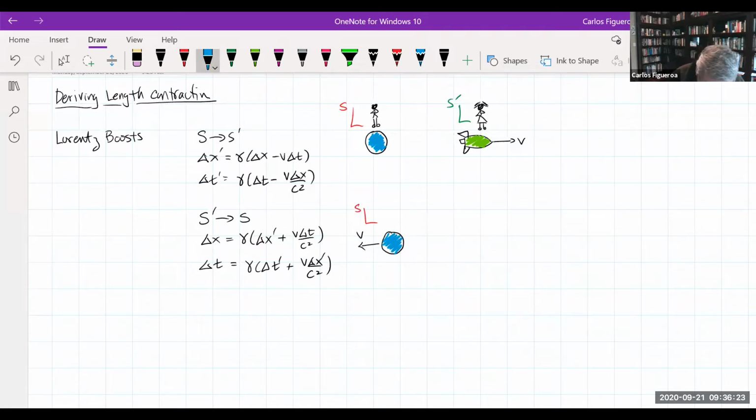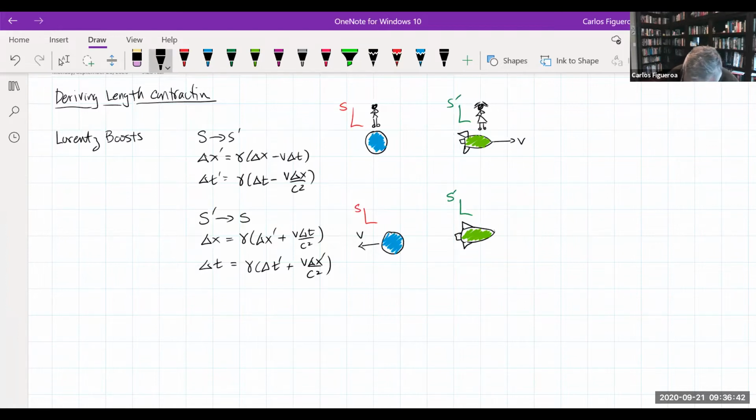And what's happening in the rocket frame? In the rocket frame, they are stationary. Of course, they cannot say that they're at rest or moving. So then this observer here is observing what's happening in the S frame.